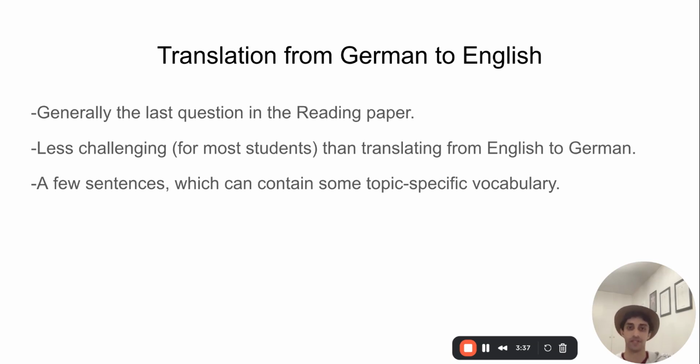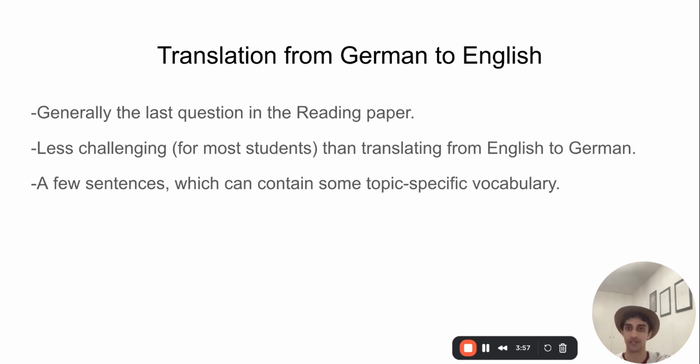Translating out of your mother tongue is always going to be harder than translating into your mother tongue or your stronger language. For most students, English will be the stronger language compared to German. Most students sitting these exams, so the translation from German to English is going to be easier.